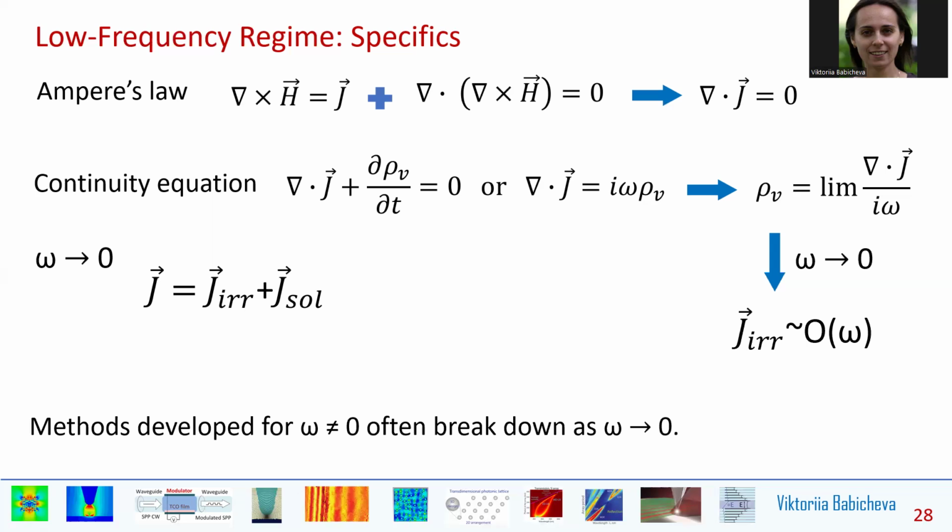Many computational methods of electromagnetics which were developed for cases when omega is non-zero break down as omega tends to 0. This is because those methods, although capable of capturing the physics of the electromagnetic field when omega is non-zero, fail to capture the physics correctly when omega tends to 0.